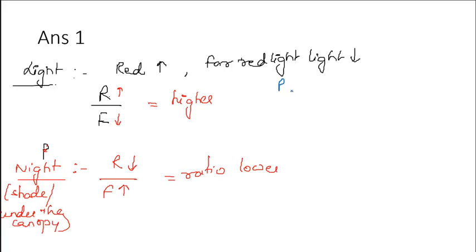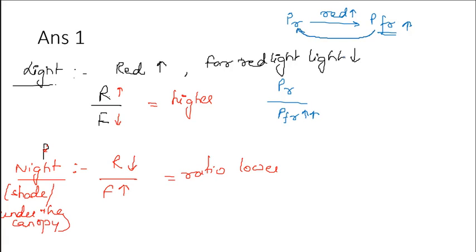So when red light is more, in that case PFR will be more and PR will be less. So the ratio will be opposite. The ratio will be lower. Now for the dark one, understand.